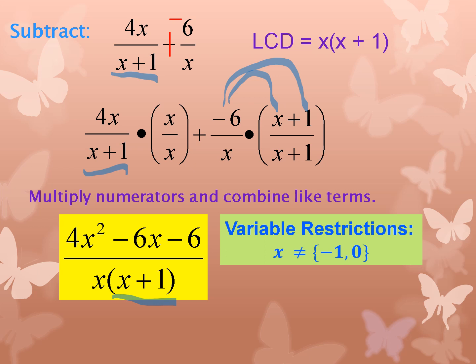I also know, because I have x here, and x here, that x can also not equal 0. So we end up with a final simplified expression of 4x squared minus 6x minus 6 all over x times x plus 1. And we have the two variable restrictions of x cannot equal -1 or 0.